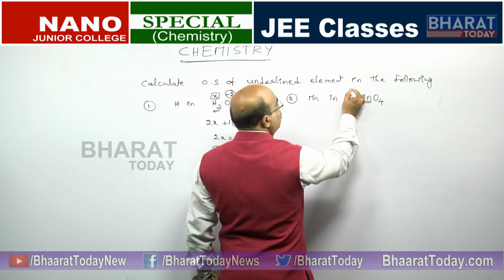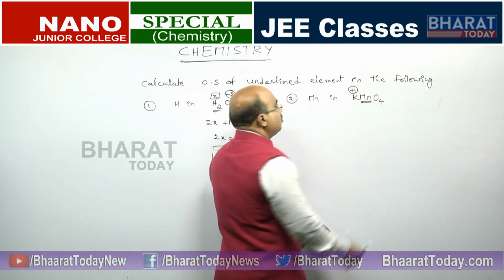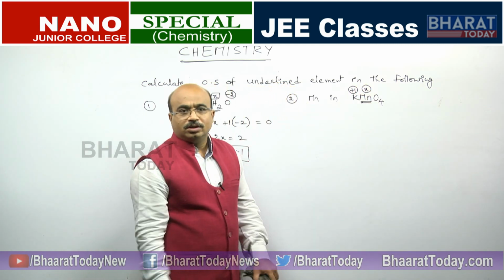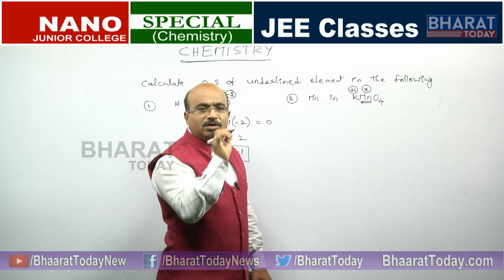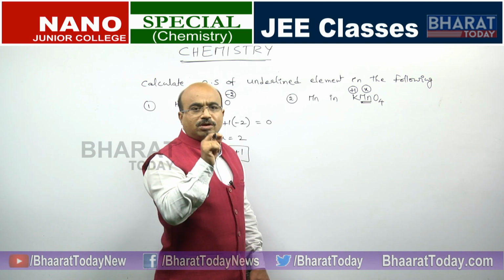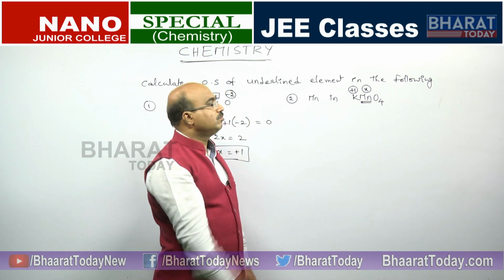So, it should be +1. We have to calculate on manganese, so we will say X. Instead of actually writing that with a simple number, you try to circle it or something, so that you are saying it is on that particular element, it is not on the total.